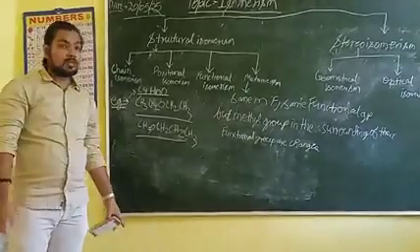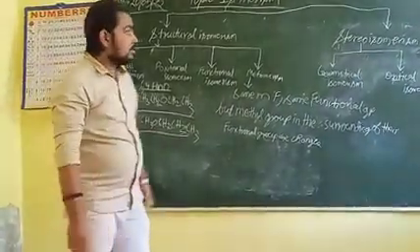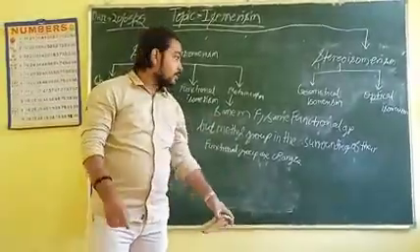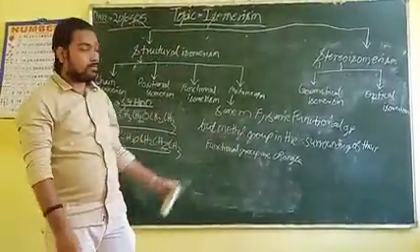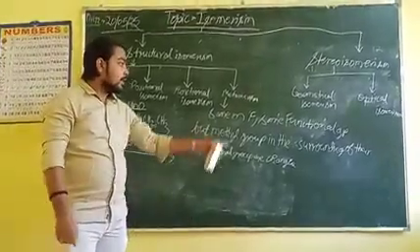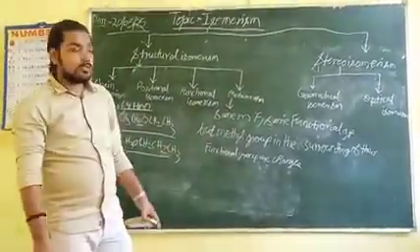Now we have to study next what is stereoisomerism and its types, geometrical isomerism and optical isomerism.